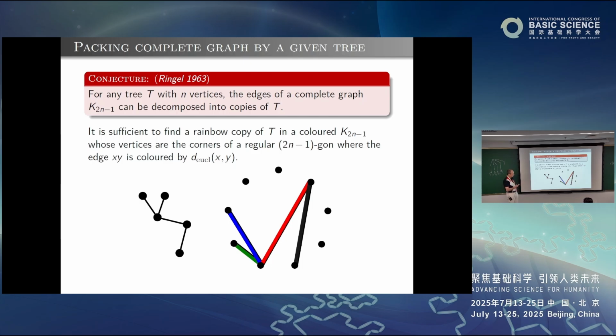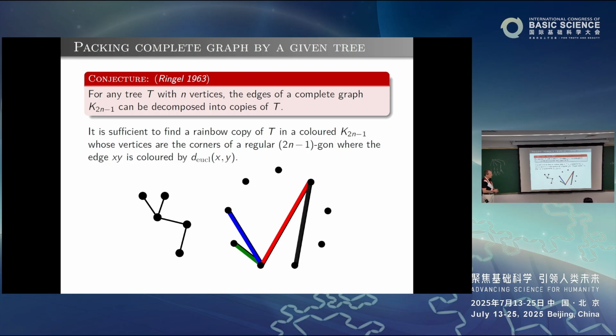So it would prove an even stronger result, which people suspected at the time because of this connection, that you can find one tree and then just rotate it around to get this decomposition. So again, this motivates looking at this problem.